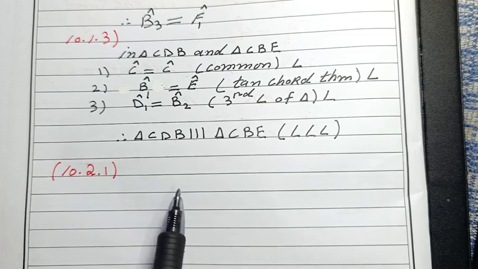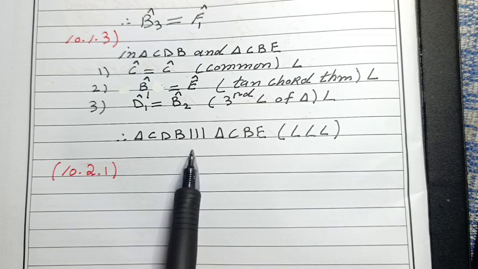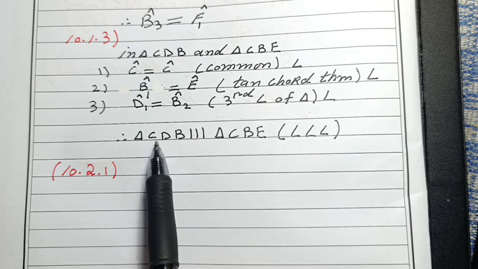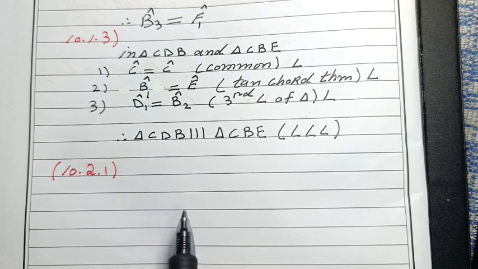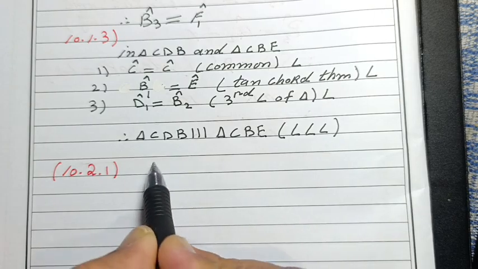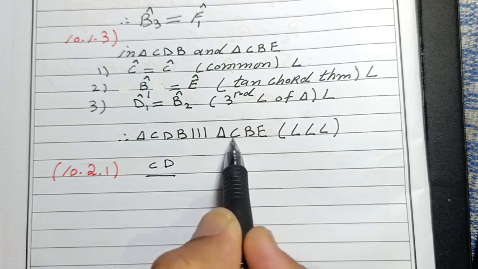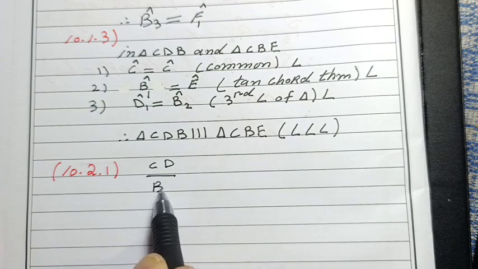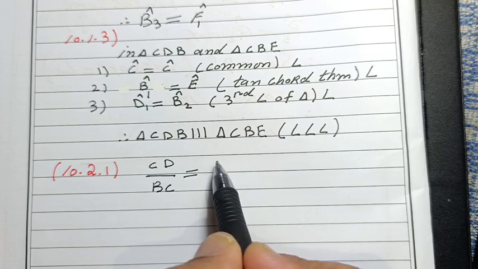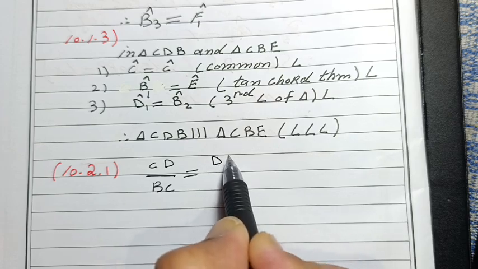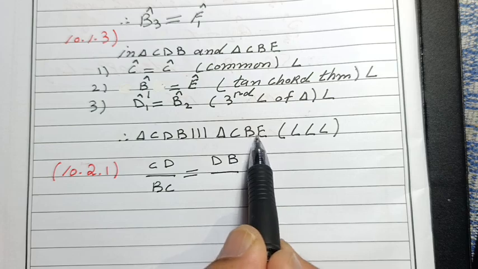But remember, in similar triangles, sides are in proportion. So now we're going to write the proportion of sides. First two letters, CD over BC, is equal to the last two, DB over BE. The DB over the last two BE.